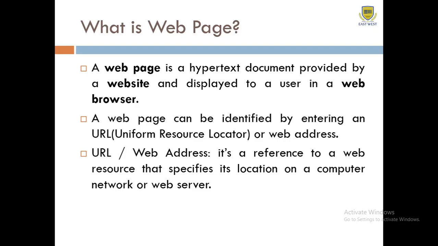So a web page can be a static web page or else a dynamic type. With the help of HTML only, we can create static web pages. There are many different applications. How can we create a dynamic web application? Basically, to create even those dynamic web applications, we need to know the hypertext markup language.